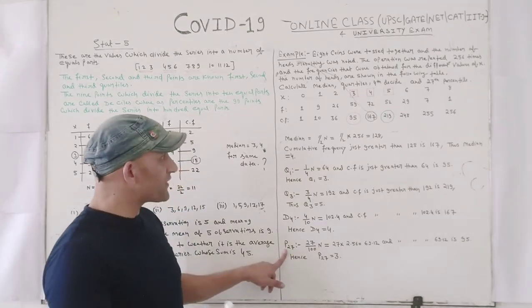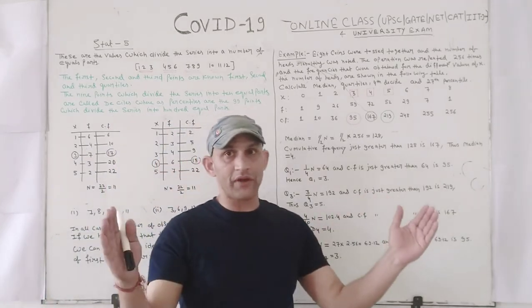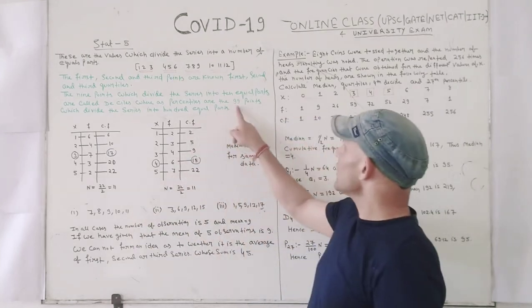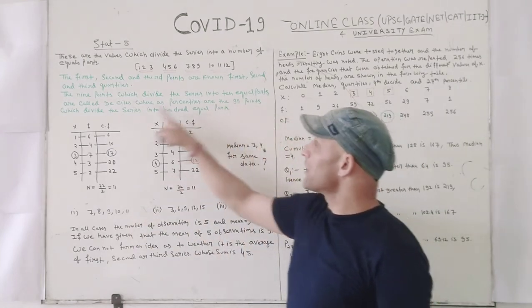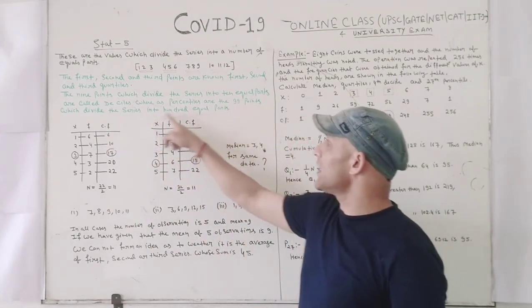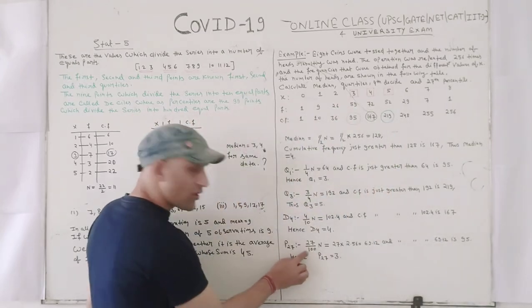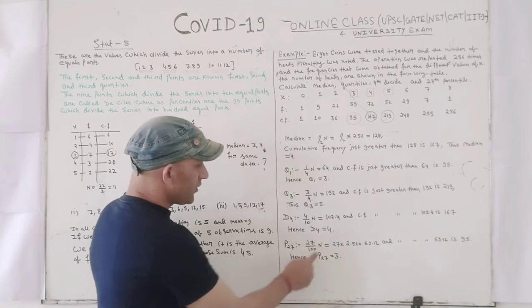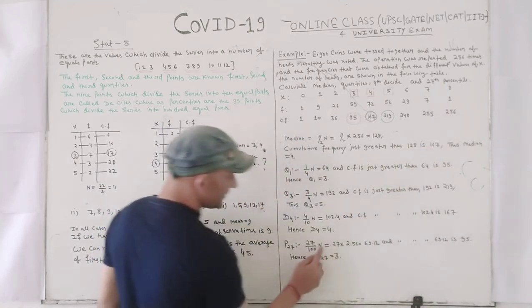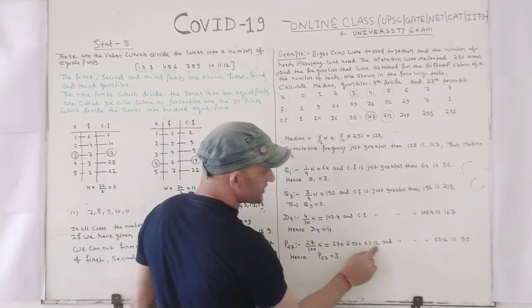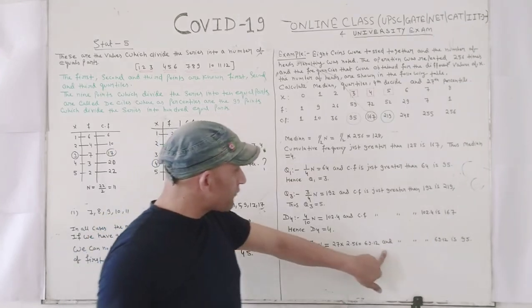For the percentile, you have divided the data into 99 points, but the data is in 100 equal parts. So we write 27 upon 100 into n. Your n is 256. If you multiply, you will get 69.2.